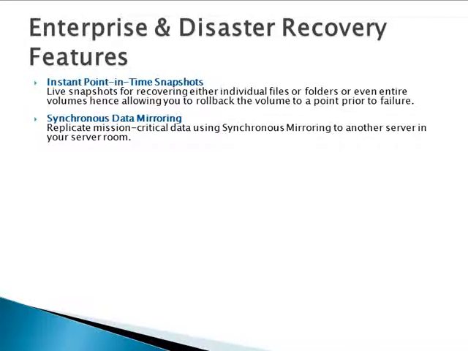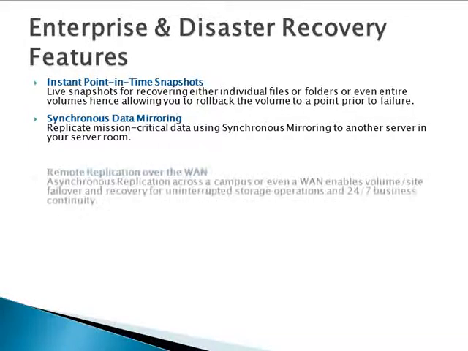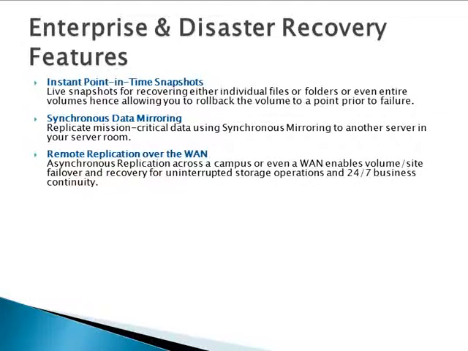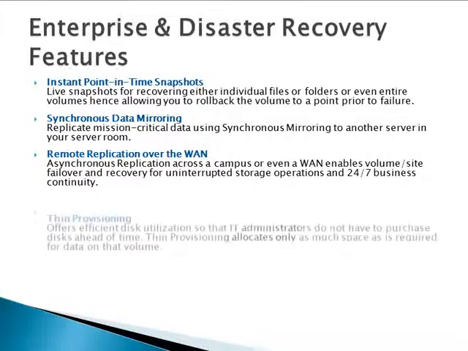You get synchronous data mirroring between your two StarWind servers. I mentioned that earlier. You're doing data replication within your server room, and then of course what sort of data mirroring would it be if you weren't able to do replication across your WAN to your remote DR site, so you can get a 24/7 business continuity solution in place without having to buy a lot of metal to put all that on.